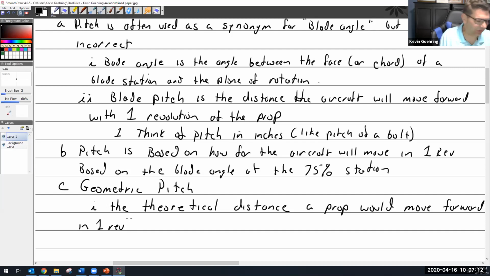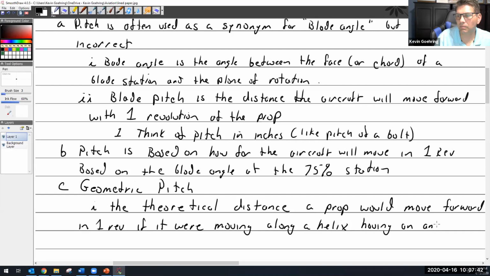This is a little redundant and overly wordy, but I'll write it anyway since I started. This is the textbook definition: if it were moving along a helix, having an angle equal to the blade.